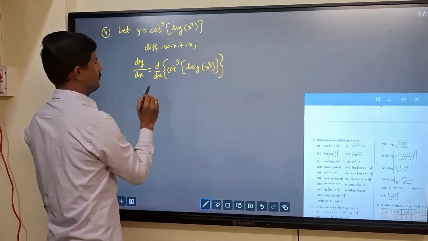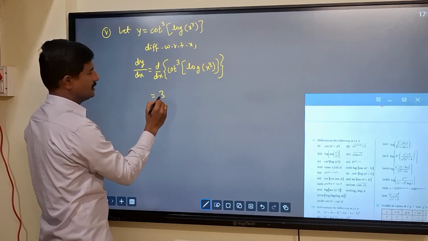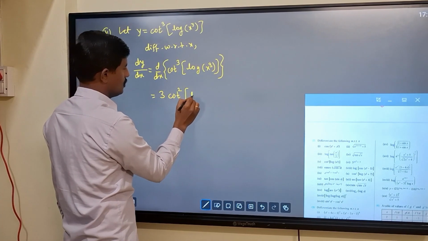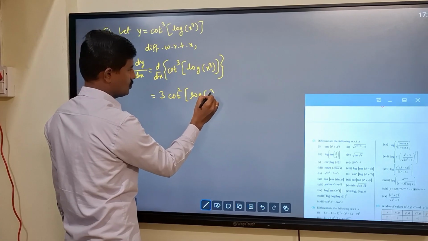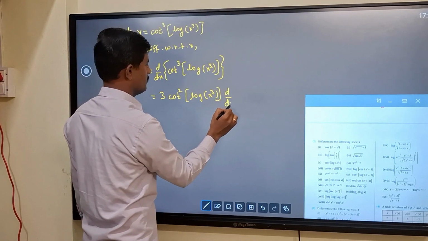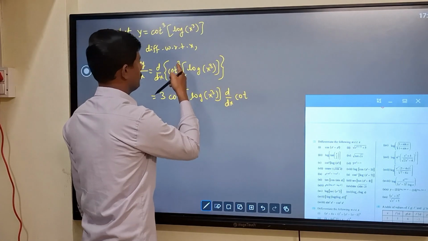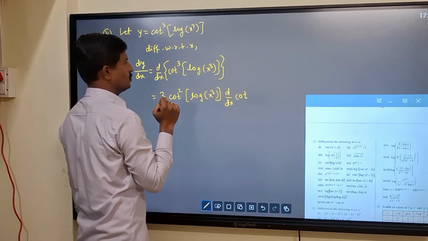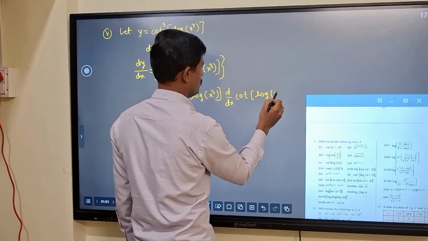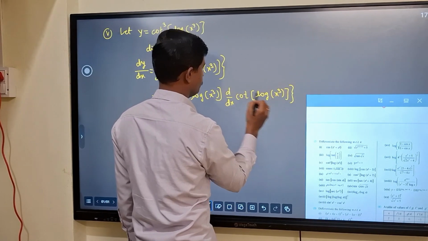Now differentiation of cube is 3 cot square log of x cube. We took differentiation of the cube, now remaining part is cot log of x cube.